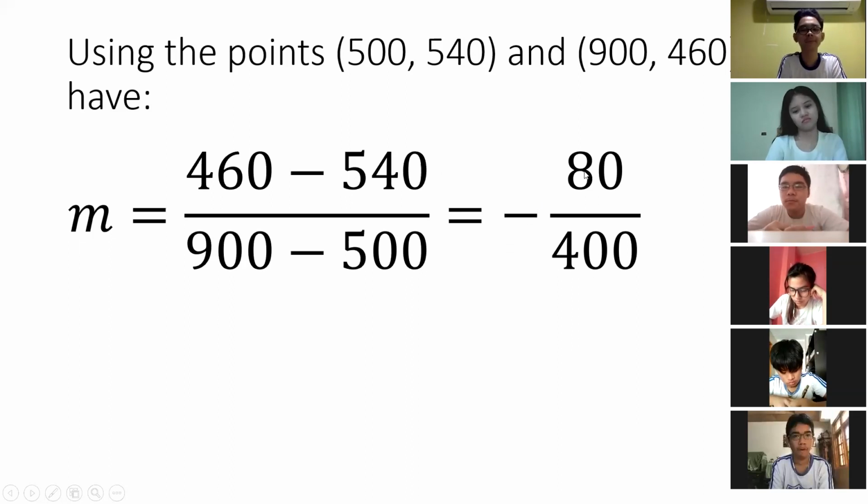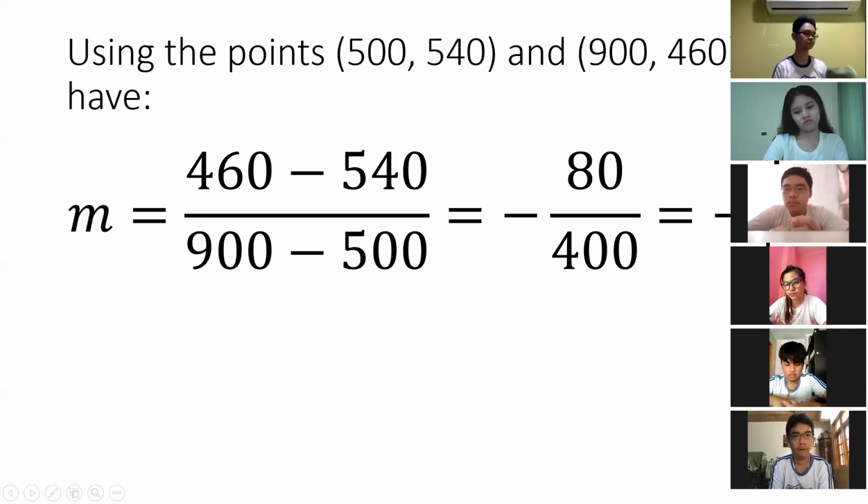The negative there is from the 80, since 460 minus 540 is negative 80. Get the reduced, simplified form of negative 80 over 400, you'll get negative 1/5. We will use the negative 1/5 as your slope.